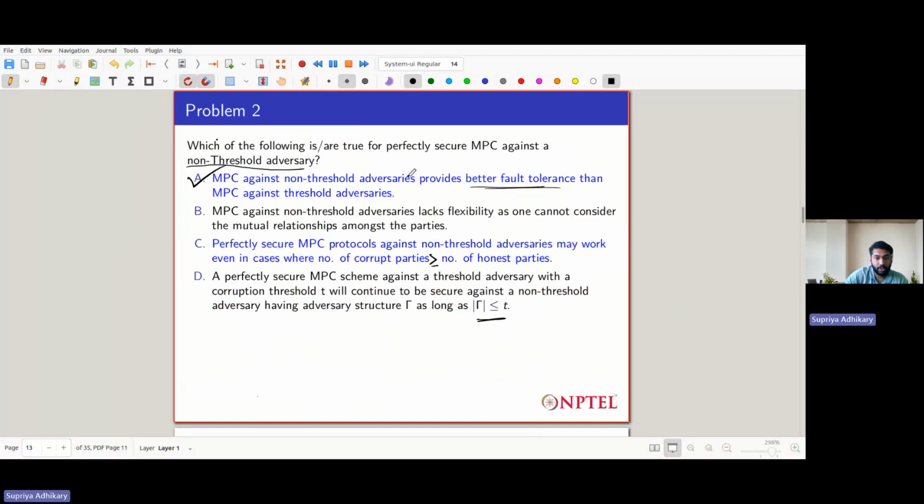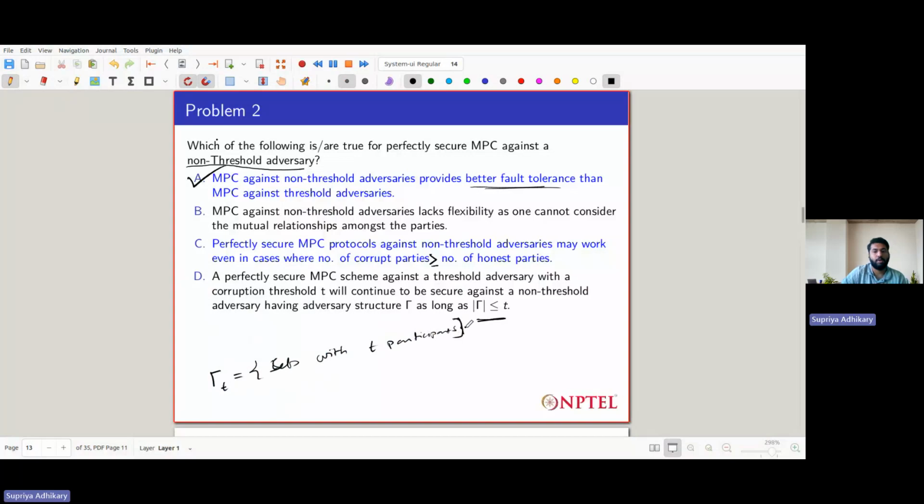For the threshold adversary case, if the threshold is T, then the adversary structure for that particular model should be all those sets with T participants.